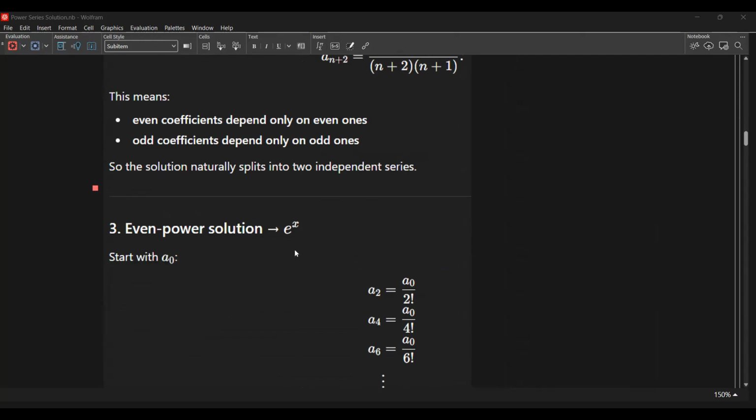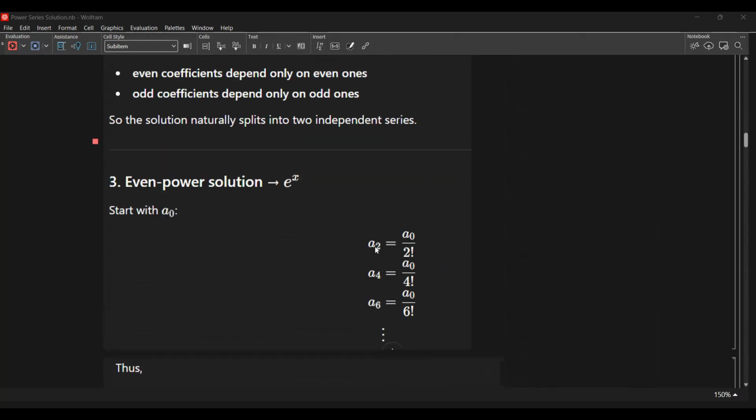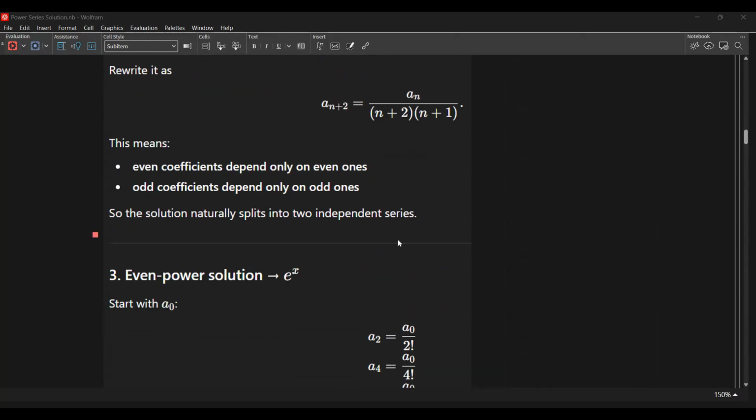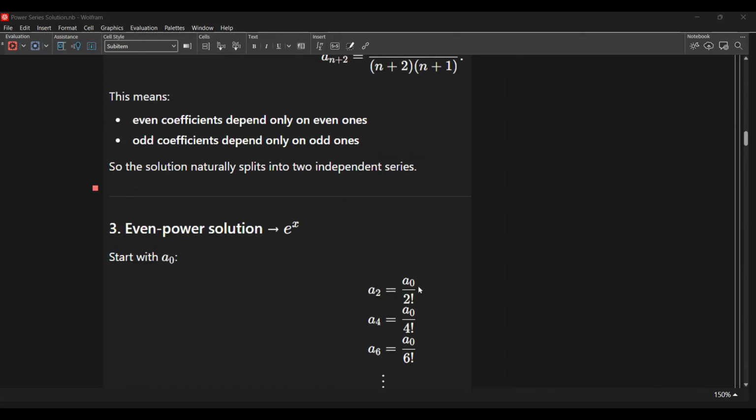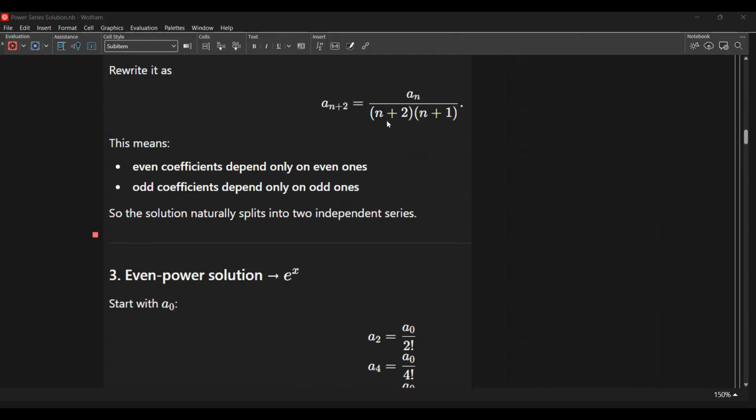So the even power solutions start with c sub 0. By using this recurrence formula, we have c sub 2 equal to c sub 0 divided by 2 factorial. Then c sub 4 is equal to c sub 2 divided by 4 times 3, since 2 plus 2 equal to 4 and 2 plus 1 equal to 3.